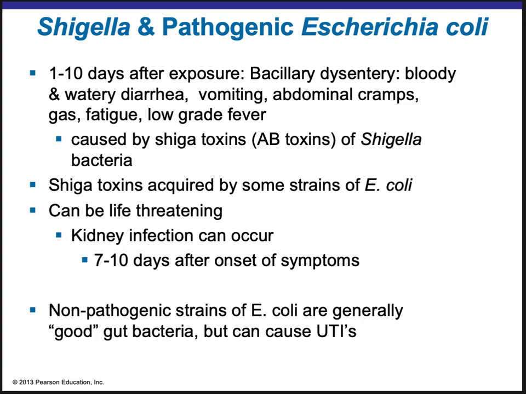Okay, clues that a person is developing HUS include less urination, right? So a decreased frequency of urination, which is, I want to point out, the opposite of most UTIs, right? UTIs, you'll have frequency and an urge to go even if you don't have urine. Well, when the kidney is no longer able to function, you just cannot produce urine. So you're going to have a decreased frequency in urination.